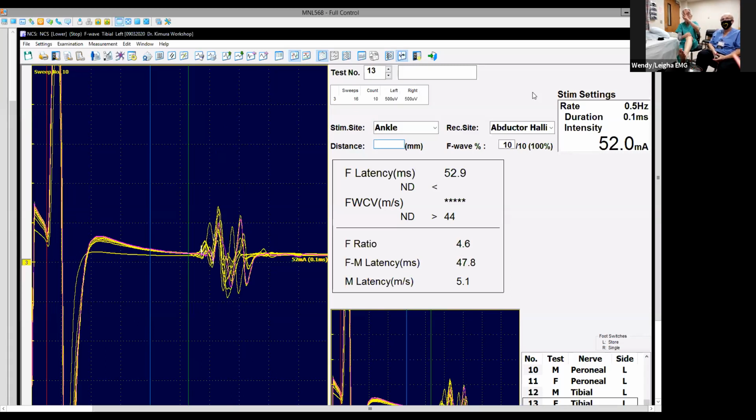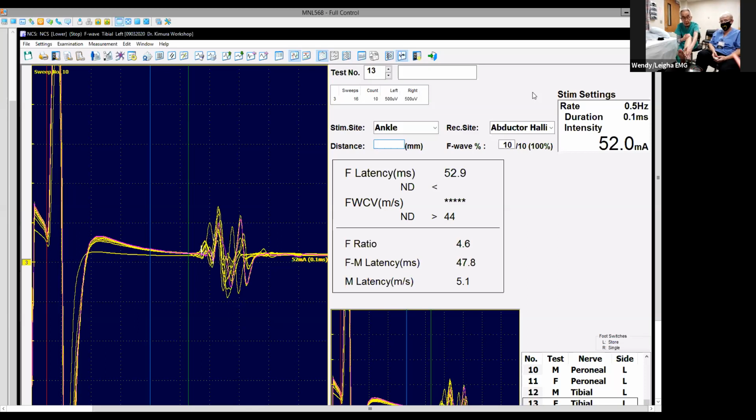So this is clearly below the normal upper limit. And because I don't have neuropathy, but believe me, if you have a neuropathy, the F wave is usually the first one to show. So we like that very much.